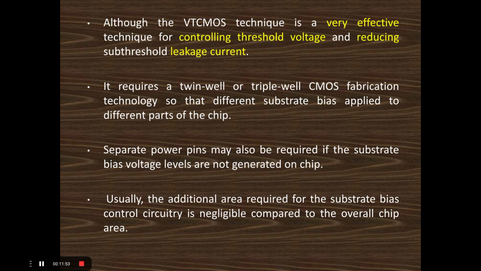Although VT CMOS is a very effective technique for controlling the threshold voltage and reducing the leakage current, it has drawbacks. If you are applying a suitable threshold voltage, it maintains the performance as well as reduces the overall power dissipation. But it requires a twin well or triple well CMOS fabrication technology so that different substrate biases can be applied to the different chips or parts of the chip.